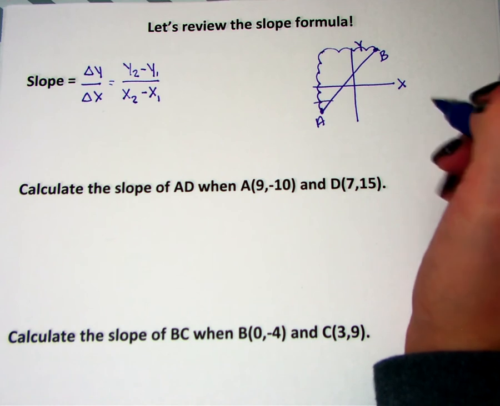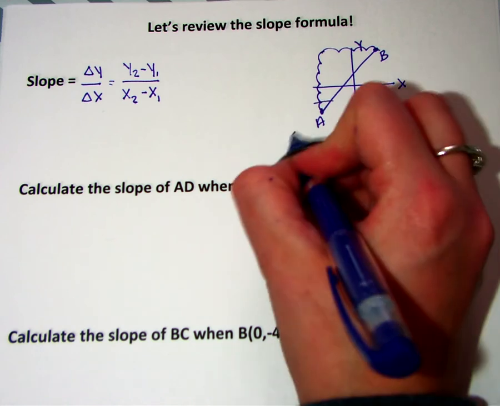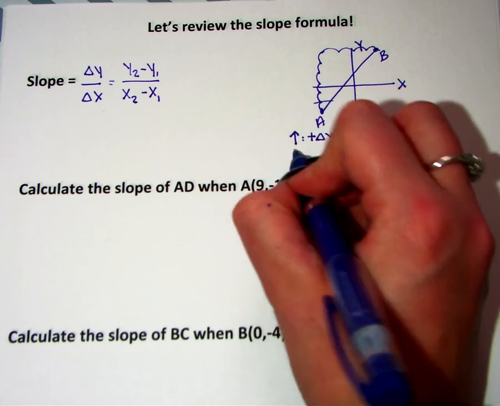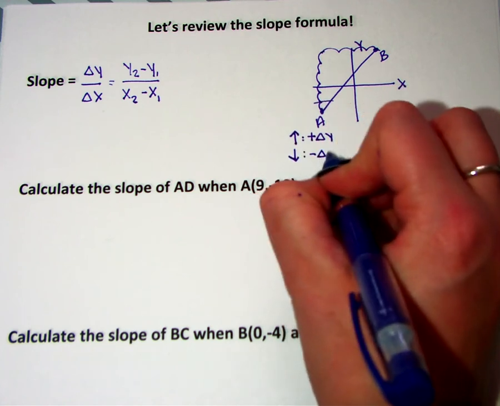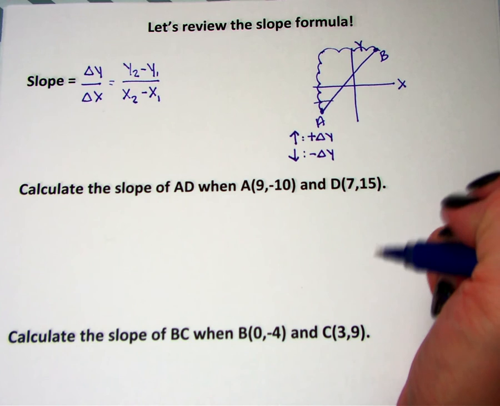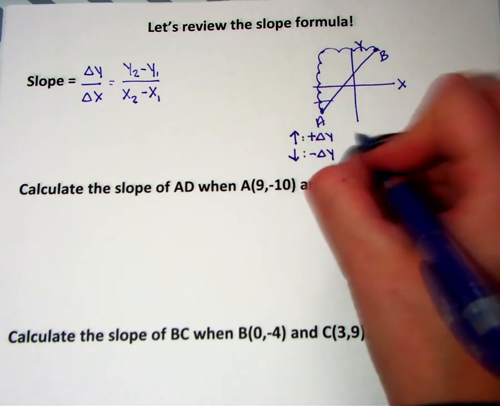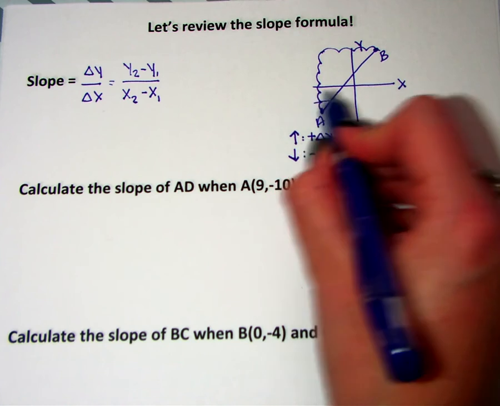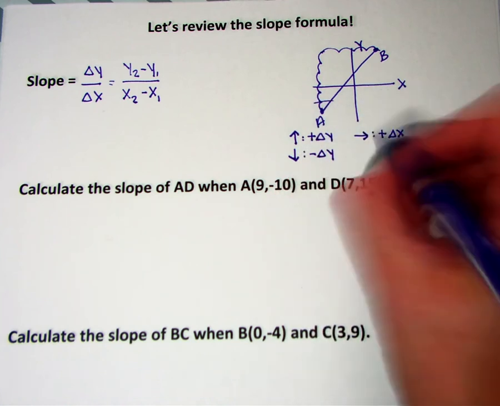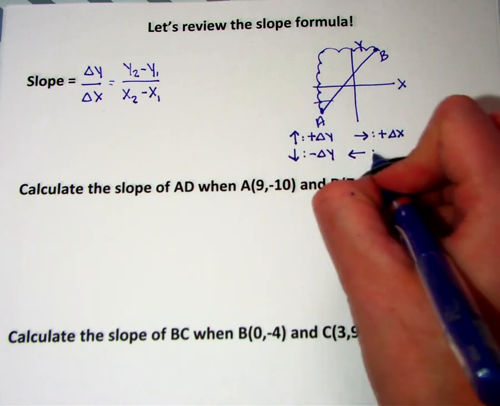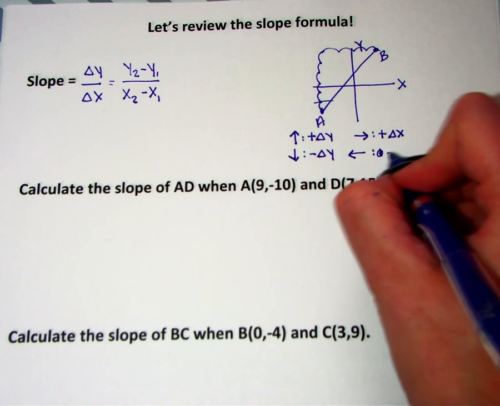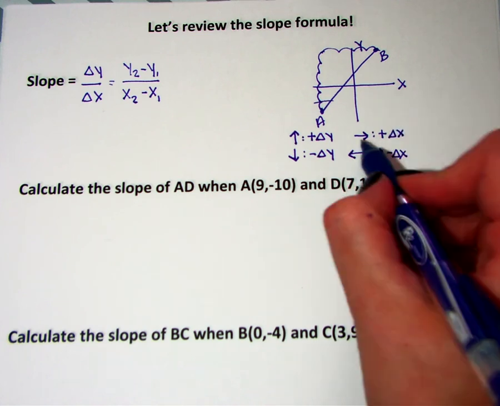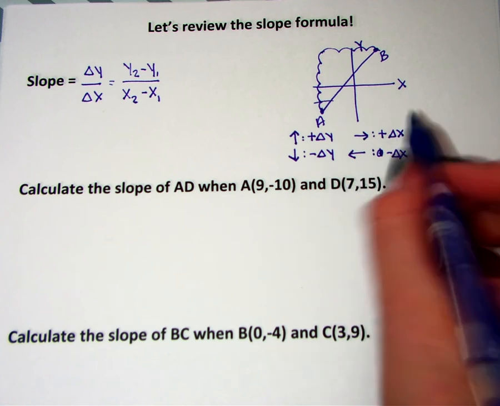If you're counting slope, remember, if you are counting up, that is a positive change in Y. If you are counting down, that's a negative change in Y. When you count to the right, that is a positive change in X because I'm traveling in the positive direction of a number line. If I'm counting to the left, that is a negative change in X. So remember, right is positive, left is negative.